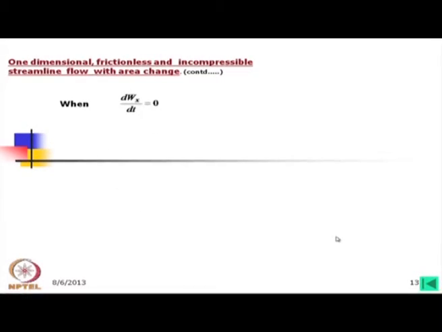Now, if we do not add any external work to the system, then dWs by dt is equal to 0. Therefore, the total equation will be reduced in this form.